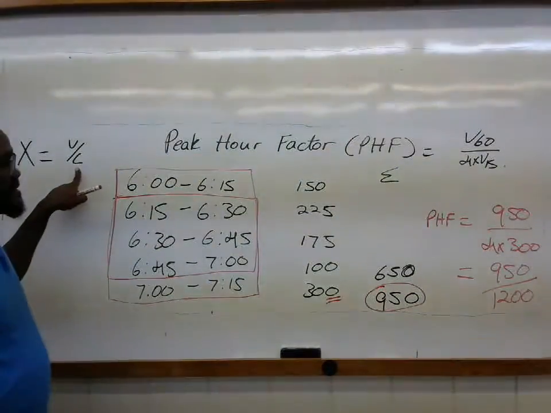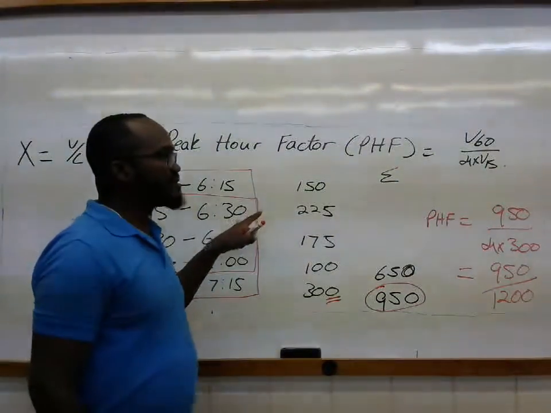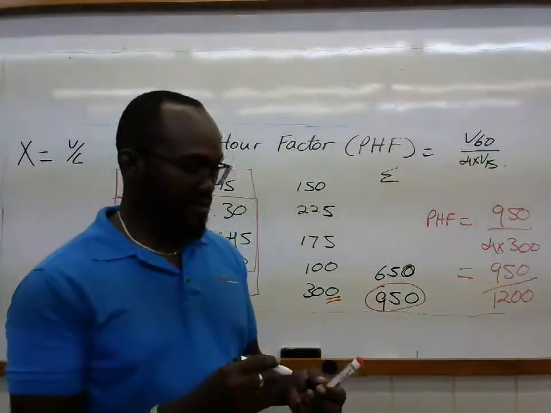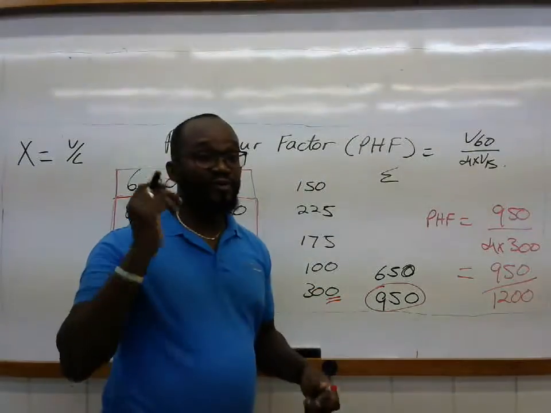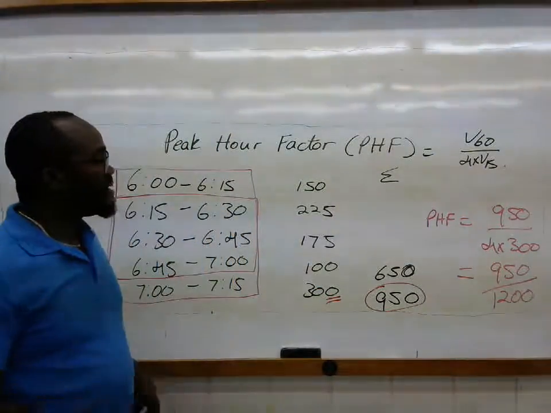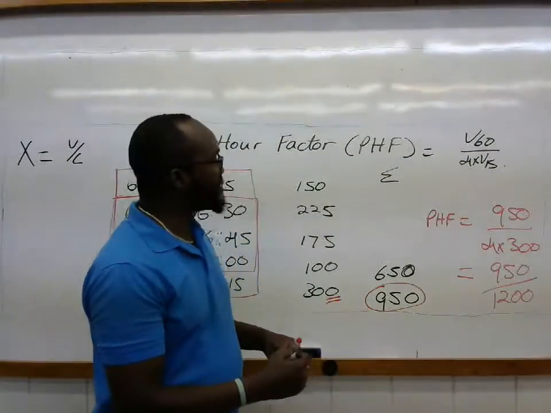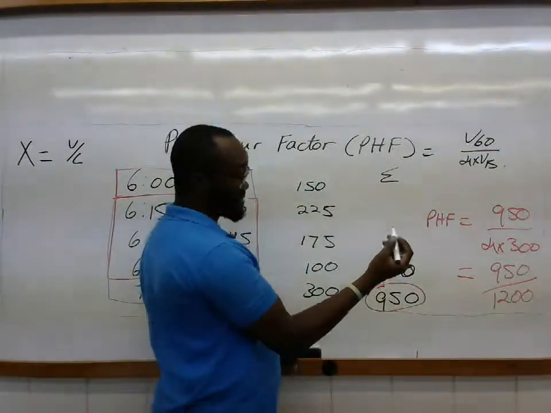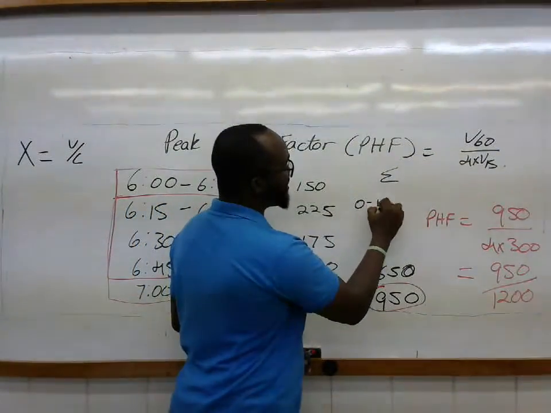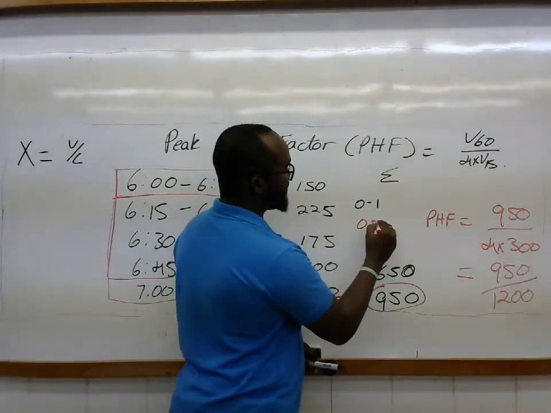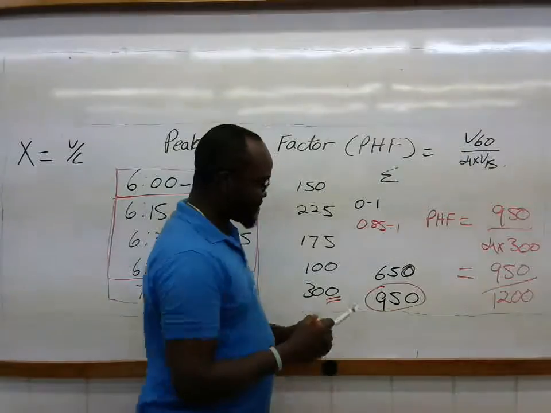We cannot physically determine capacity there because we literally don't know what the intersection or the approach can actually accommodate. However, we have the peak hour factor, which gives you a value theoretically in the range 0 to 1, but more practically in the range of 0.85 to 1.